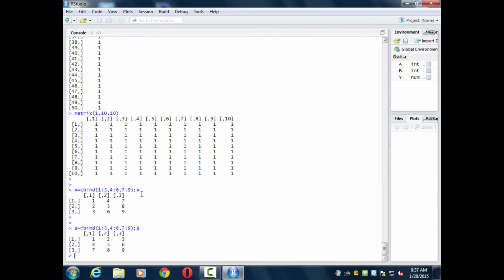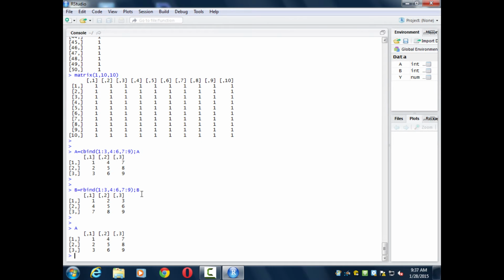So, for example, here's the matrix A, and if we wanted to access the entry on the second row and the third column, we would say A square bracket 2, 3. This is specifying that the row number is 2, the column number is 3.